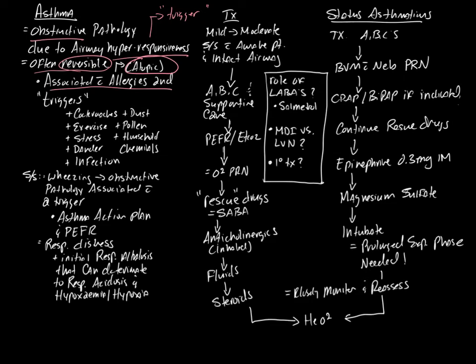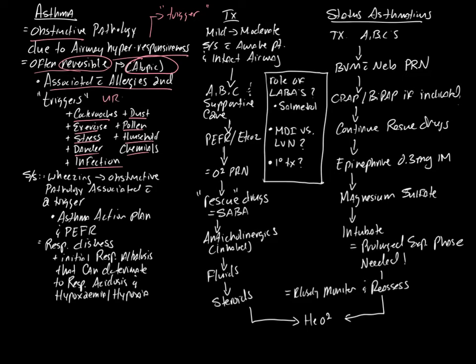So here are some major triggers. Cockroaches, right? Big one down here, particularly dead ones, right? Dust, exercise, pollen, stress, animal dander, household chemicals, and infections, right? If they develop an upper or lower respiratory infection, or what we call a URI, right?